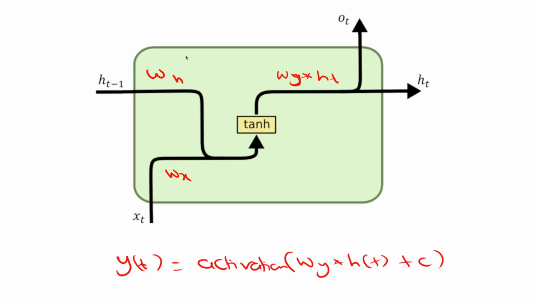Now, we'll talk about output generation. The RNN needs to produce an output at each time step. The output, denoted by yt, is typically calculated based on the current hidden state.